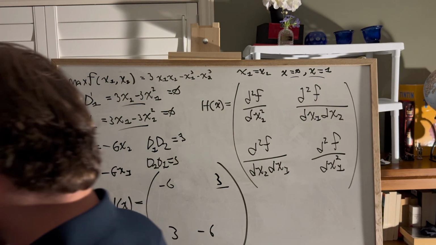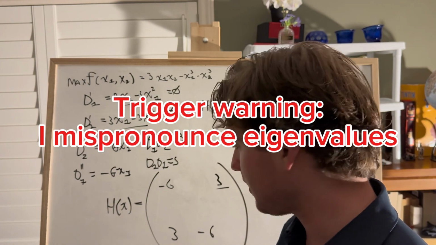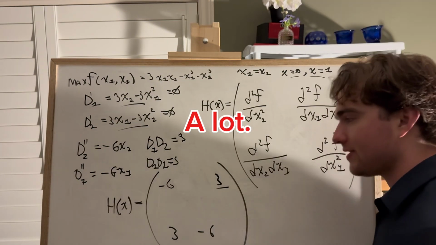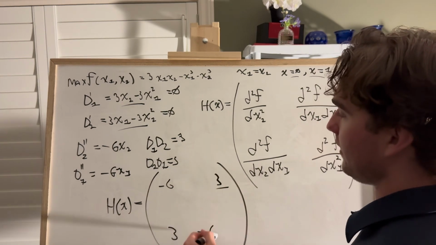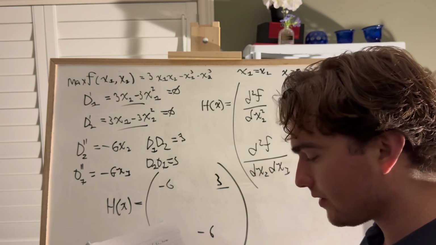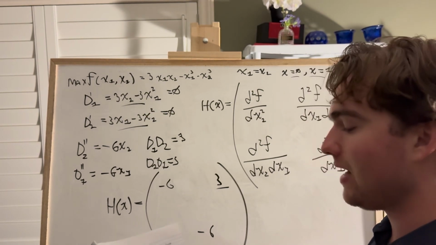Okay. This is the rule. Eigenvalues, I believe that's what they're called, or that's how they're pronounced. But these sort of values on the matrix here are called eigenvalues. If all the eigenvalues are positive, you're at a local minimum.